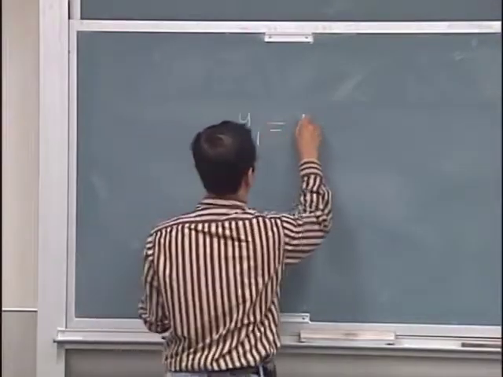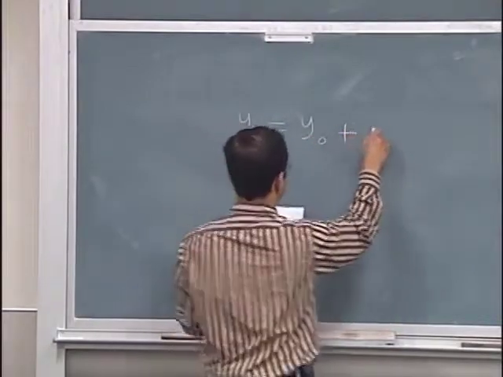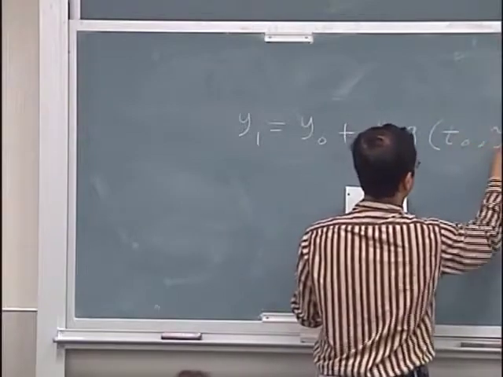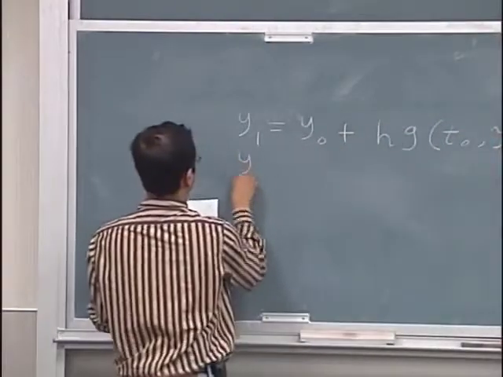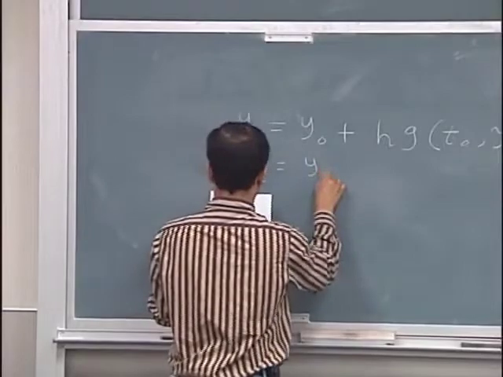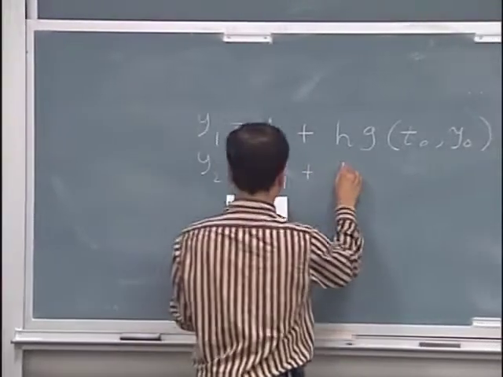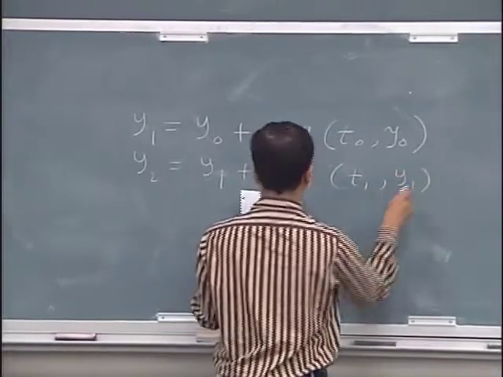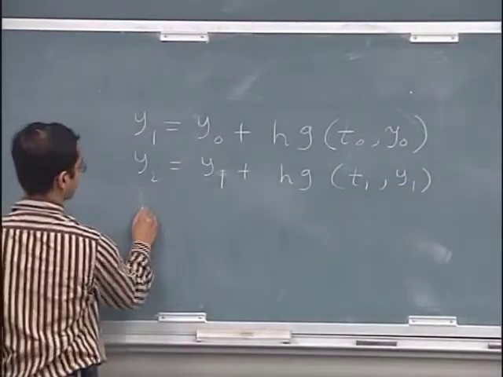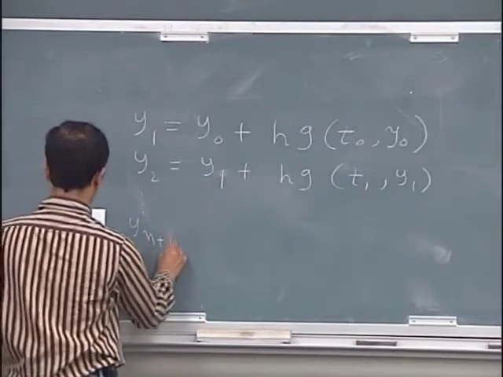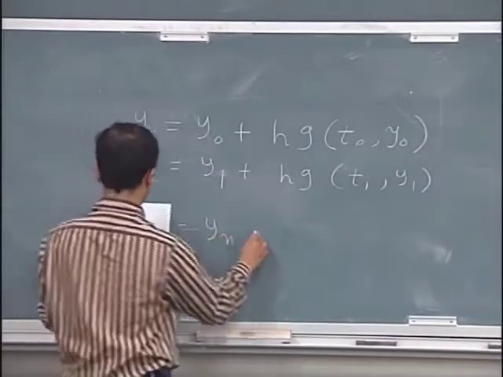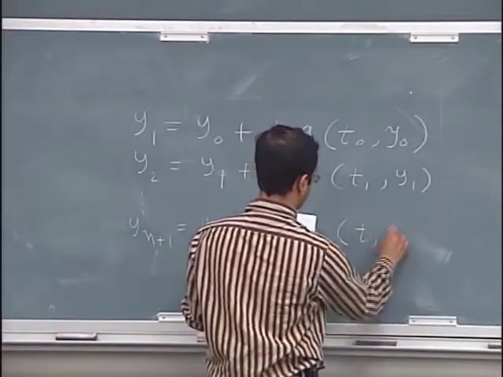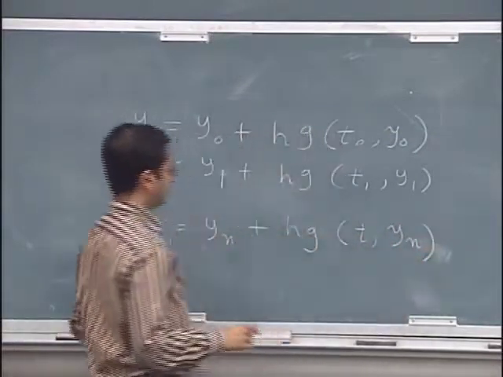Y1 equals Y0 plus hG(t0, Y0), Y2 is Y1 plus hG(t1, Y1), Y(n+1) equals Yn plus hG(tn, Yn).